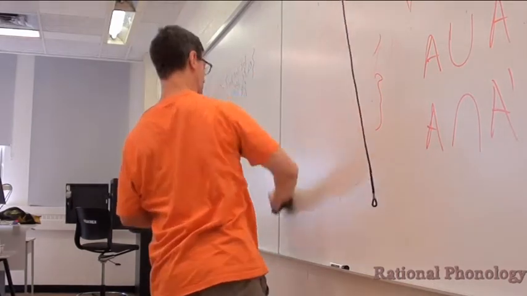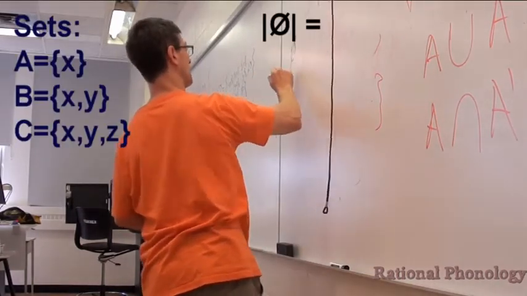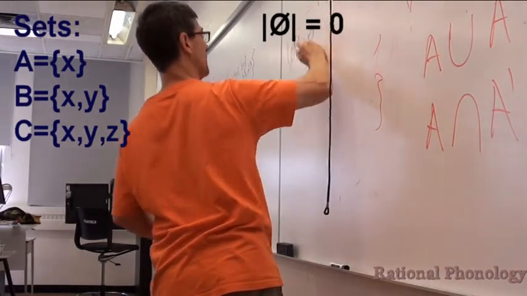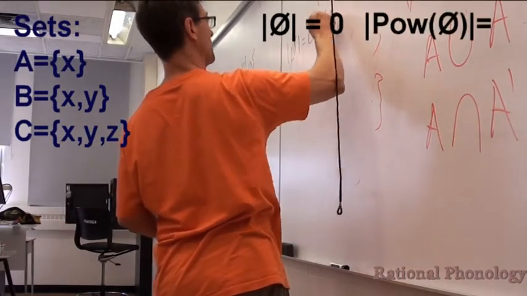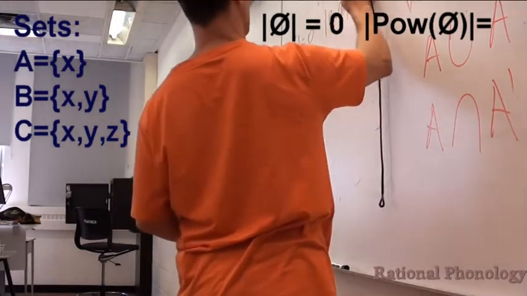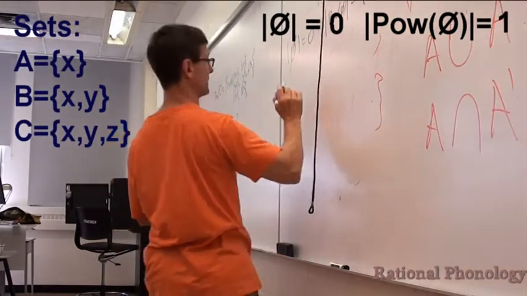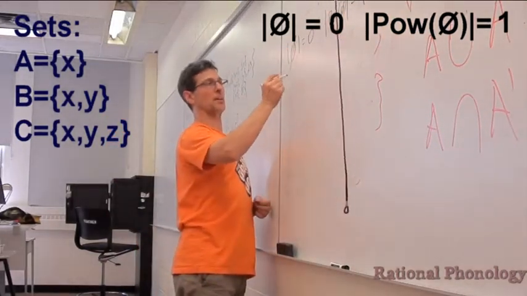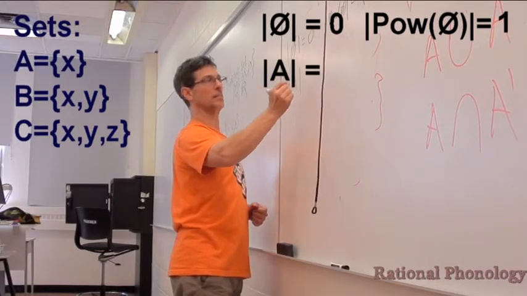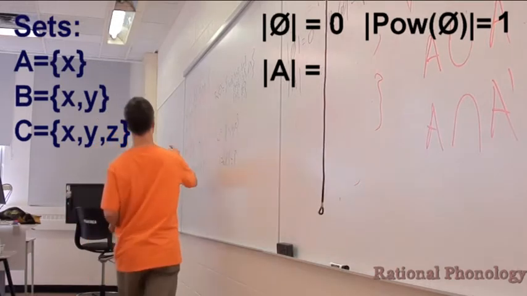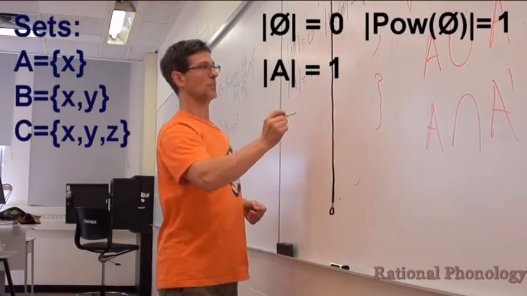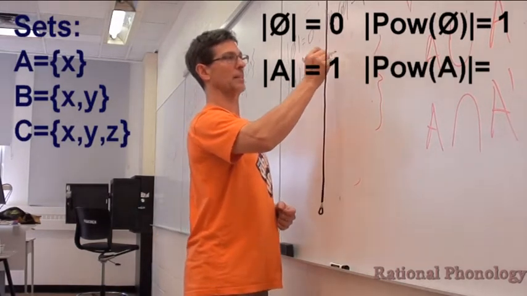Okay, so when we started with the empty set, what's the cardinality of the empty set? 0. What's the cardinality of the power set of the empty set? It was 1, just the one that had the set that contained the empty set in. What's the cardinality of our set A? 1. What's the cardinality of the power set of A? 2.